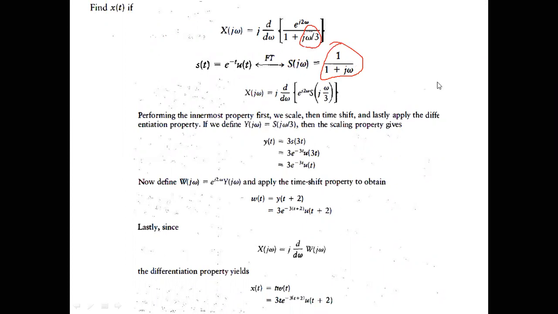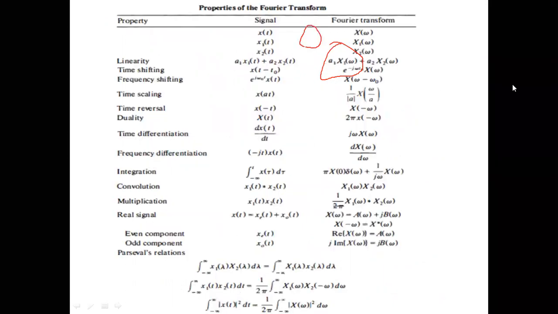Here you can see, if omega gets replaced by omega by a, given that there is a constant 1 divided by magnitude a, then if the signal is divided in the frequency domain, it shall be multiplied by the same factor in the time domain, and we should compensate.